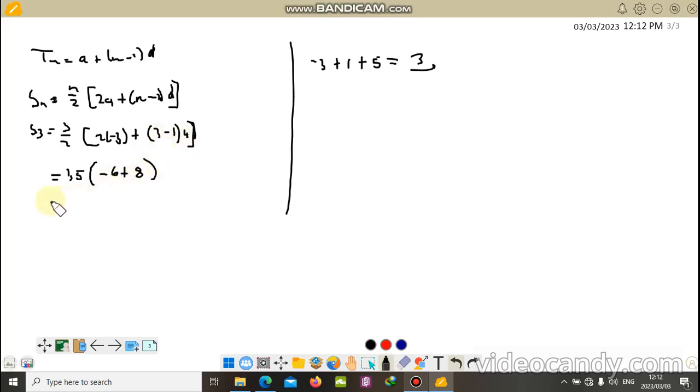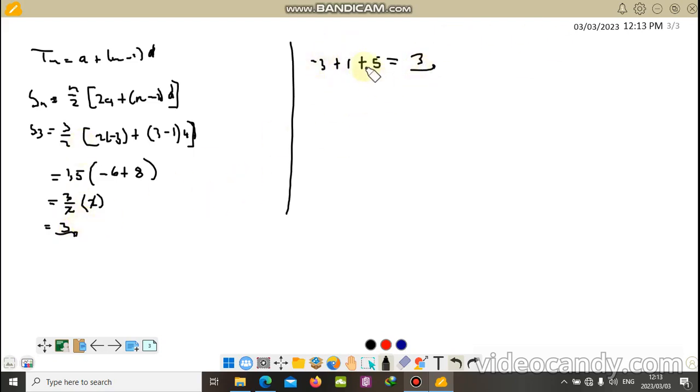Let me go back to over 2. So 3 over 2 multiplied by -6 plus 8, which is 2, right? So the answer is 3.